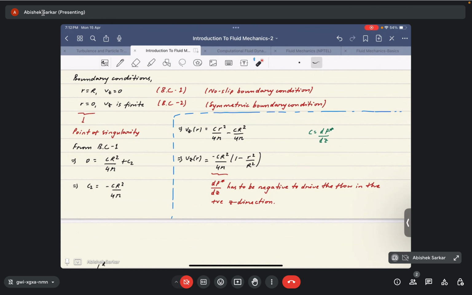Okay, so that's the governing equation, the final form of the velocity profile in the case of flow through pipes.